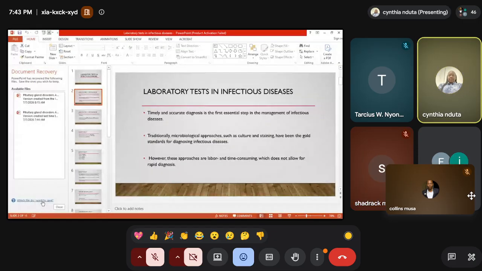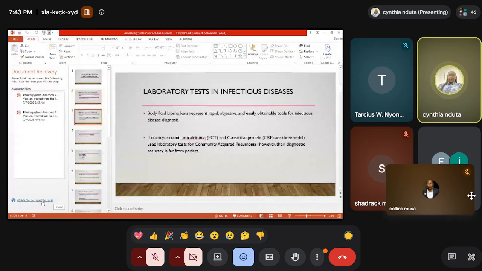So we do have body fluid biomarkers, and these are easily obtainable, and they are good for showing us whether we have an infectious disease. Some of these biomarkers that we can test include the leukocyte count as you're doing your full hemogram, procalcitonin, and C-reactive protein.